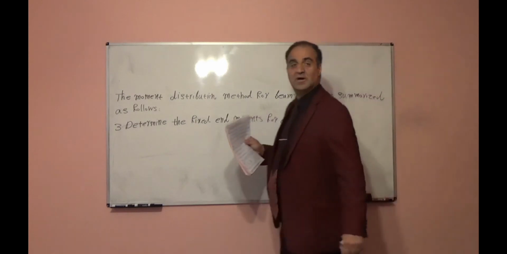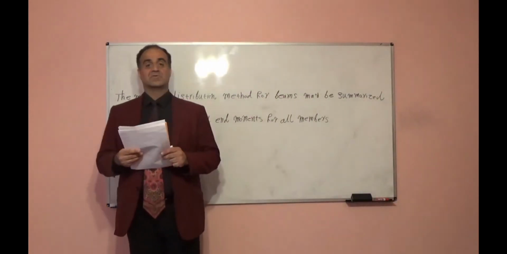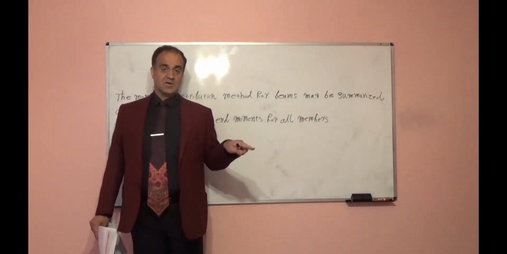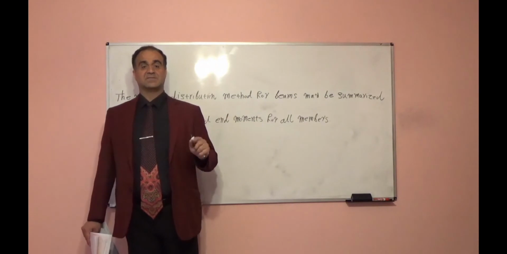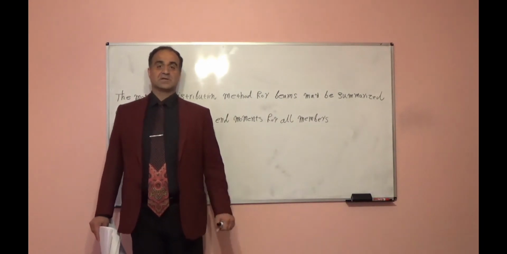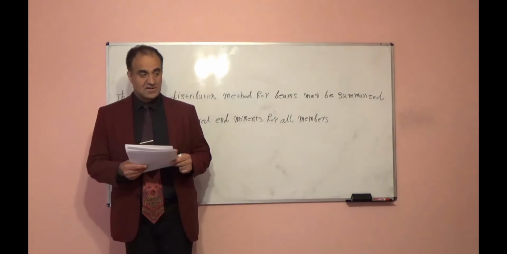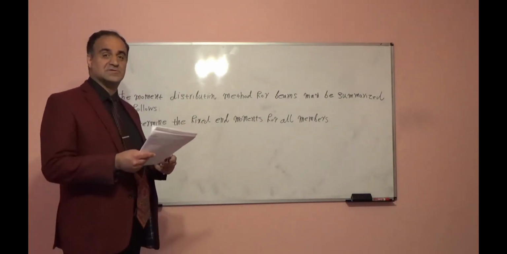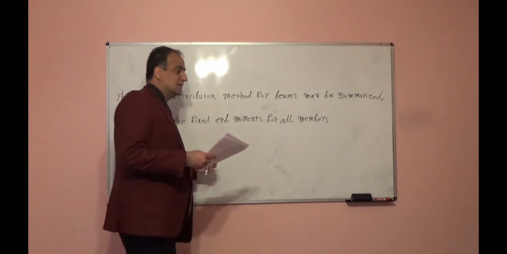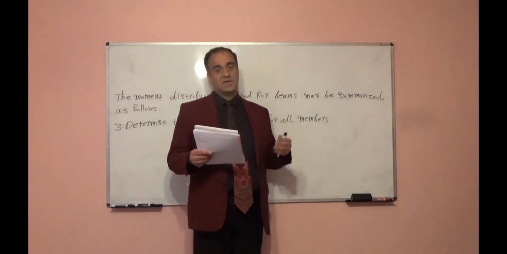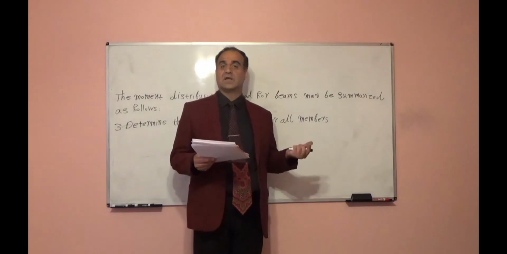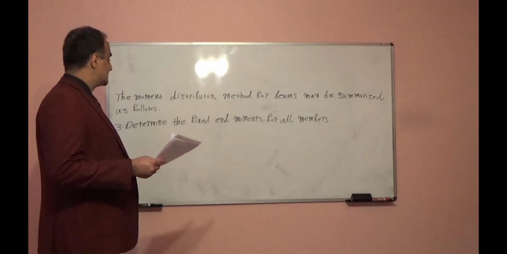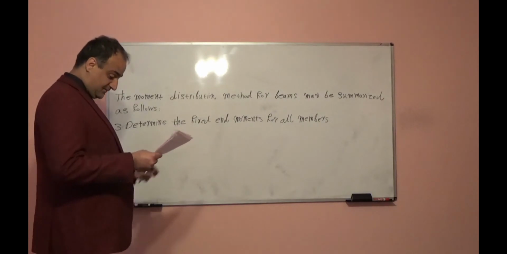Exactly, you had this step in the slope deflection method. You will use the same tables, and our convention is the same. Counterclockwise is positive, clockwise is negative. Of course, different books have different conventions, and maybe they assume clockwise is positive, no problem. But here we will follow the same direction we follow in slope deflection.